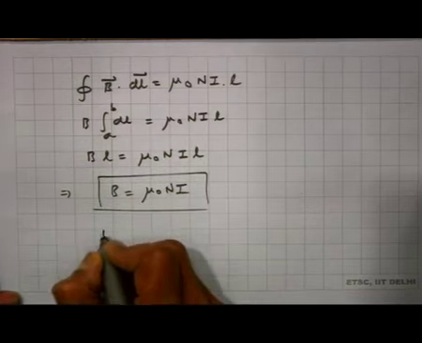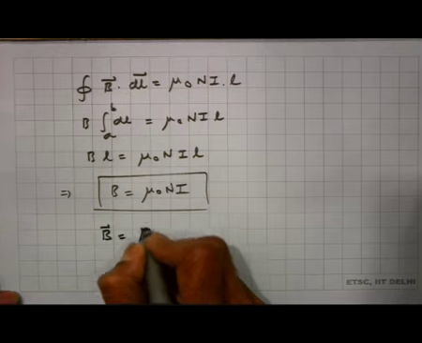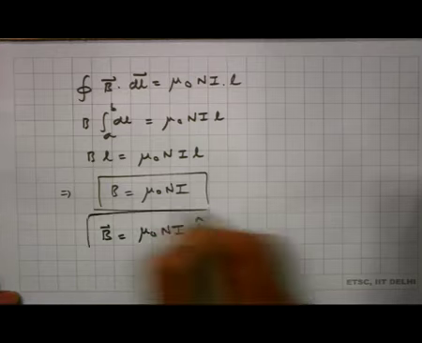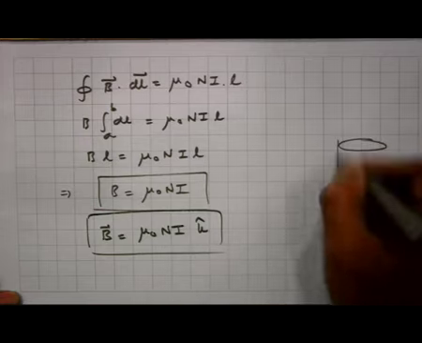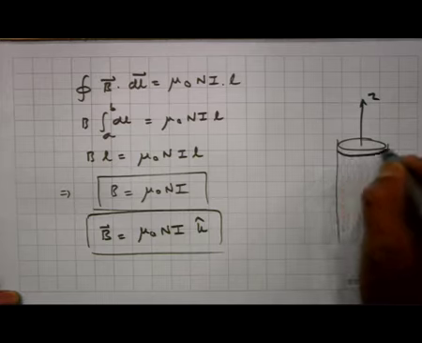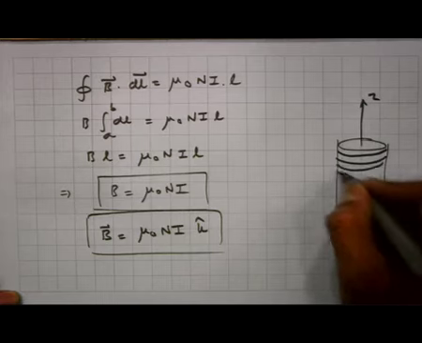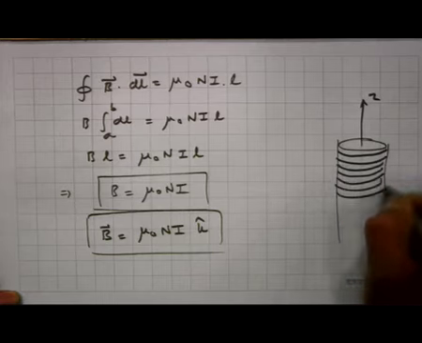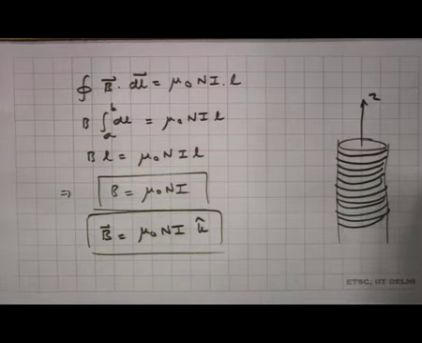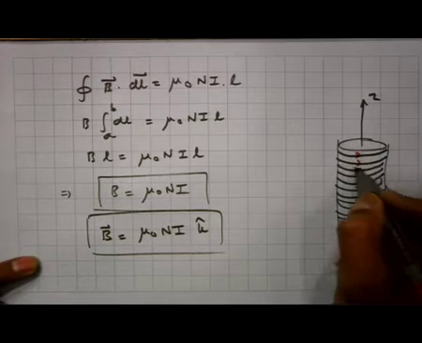And I can write the magnetic field vector as mu naught n I into k cap, where let me draw the solenoid again. So, this is my z axis and the coils are carrying current like this. These are the closely wound solenoid coils, and the current is flowing like this.